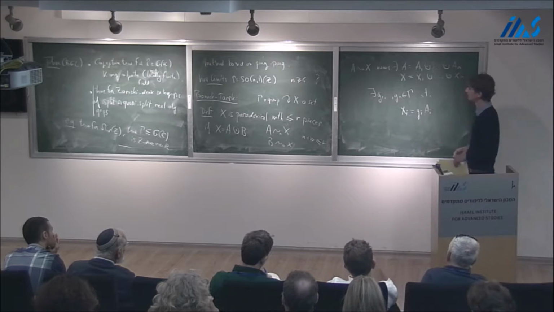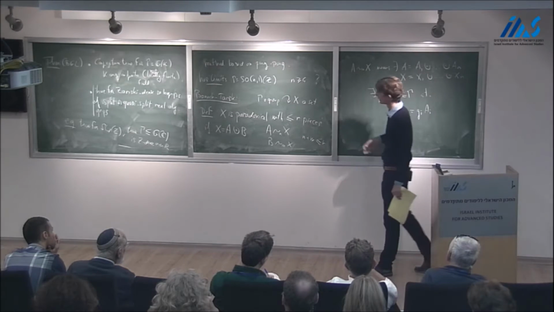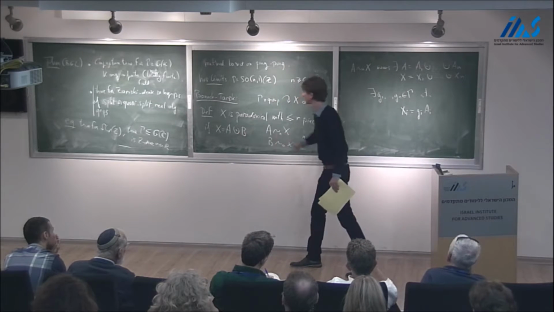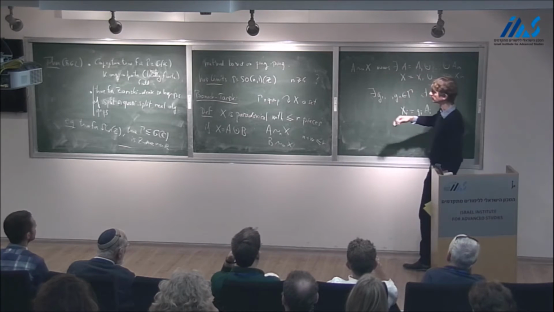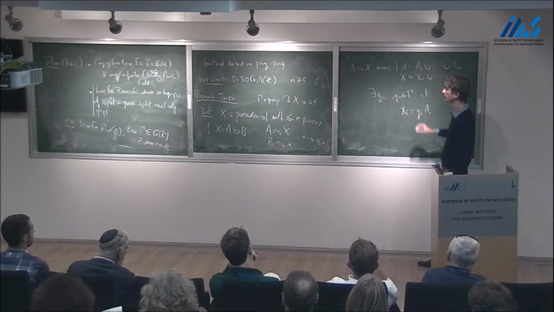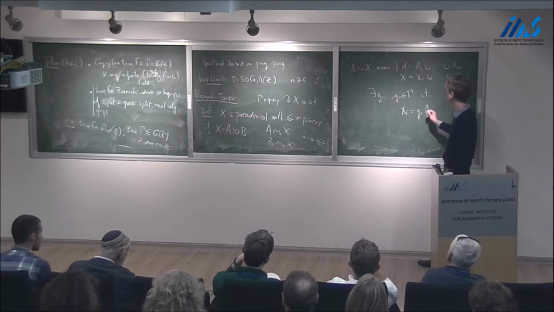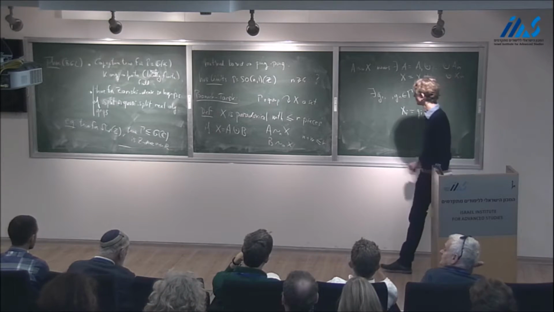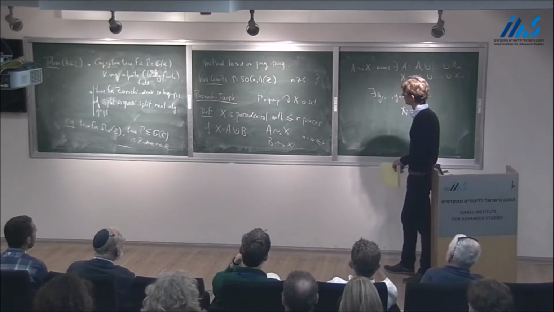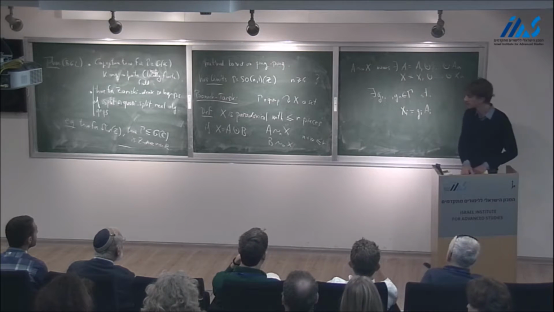Okay, so in other words, you can double X by making a partition of your set X, and rotating the pieces by group elements. So this is called paradoxical, and you count the number of pieces.